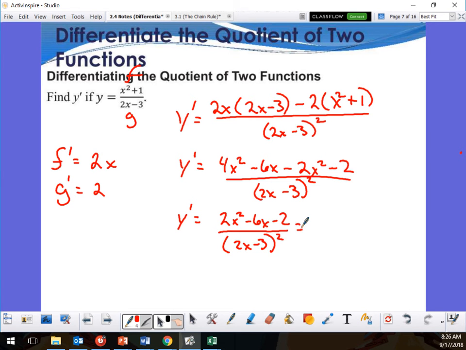Now, can I do any factoring? Say yes. Yes. Okay, I can factor out a 2, and I'm left with x squared minus 3x minus 1 over 2x minus 3 squared. Now, can I factor that trinomial of x squared minus 3x minus 1?